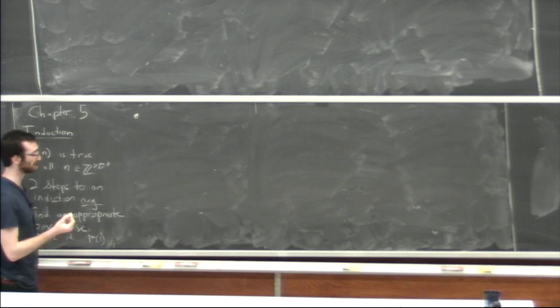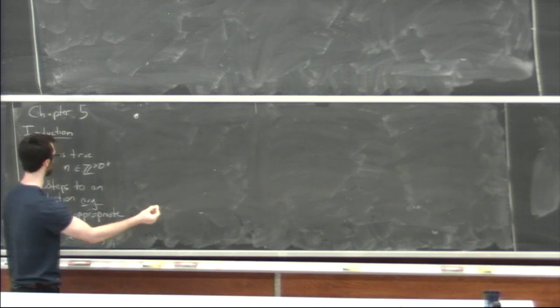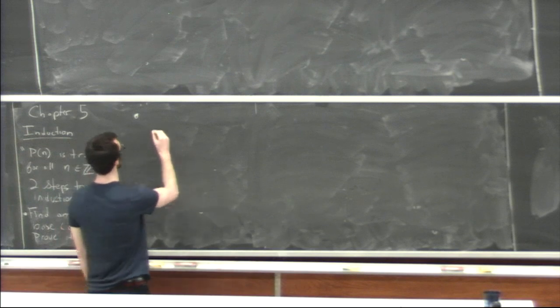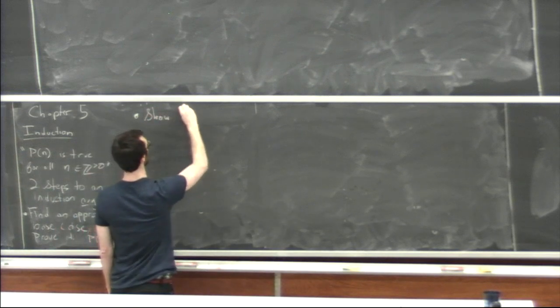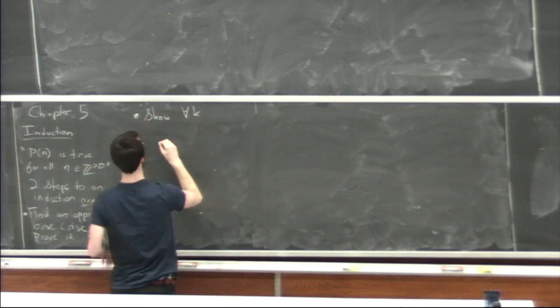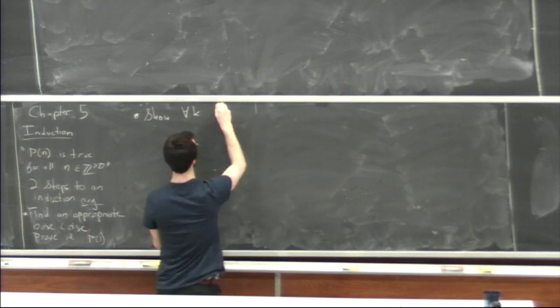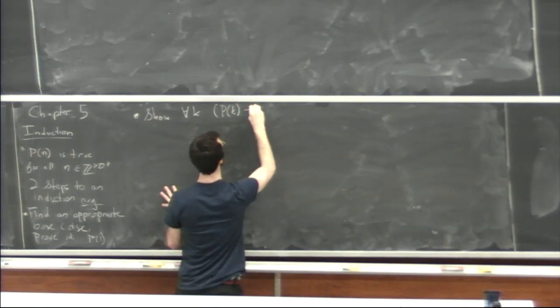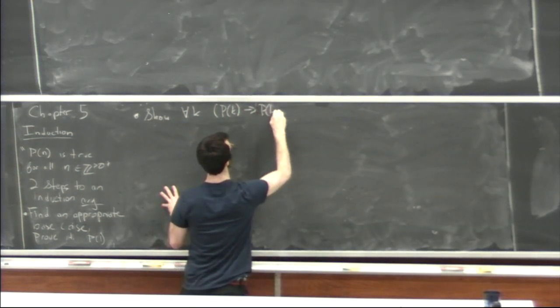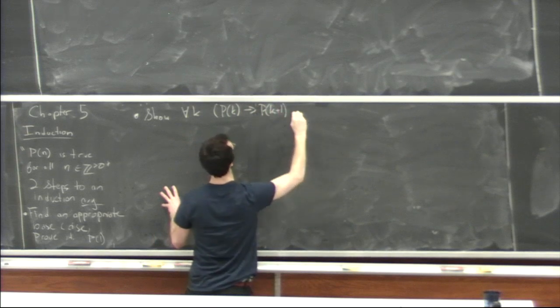And then the next step is the inductive step. The next step is to show, for all k, that the statement P(k) implies P(k+1) is true.